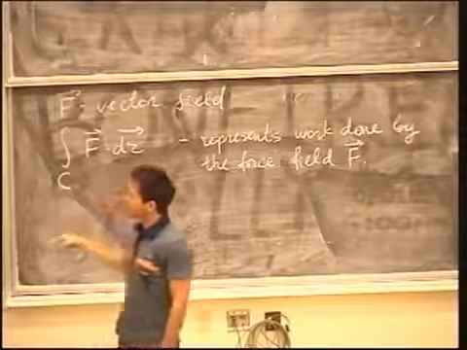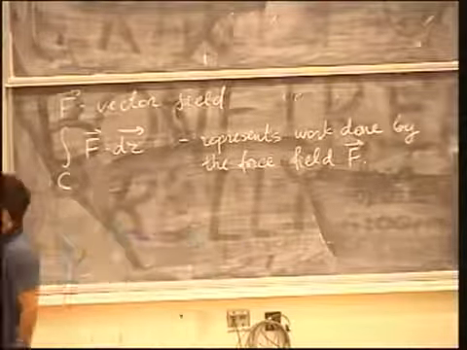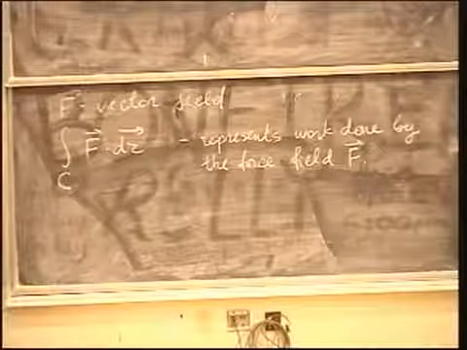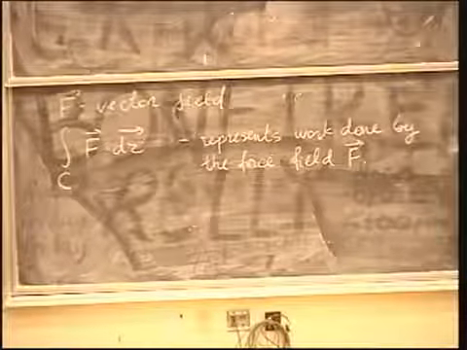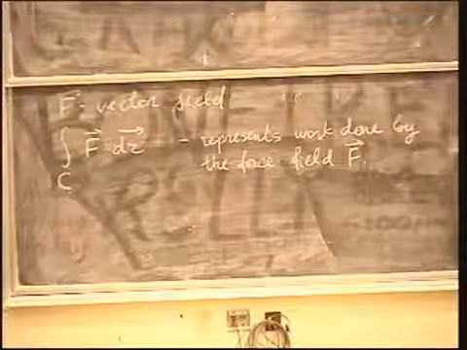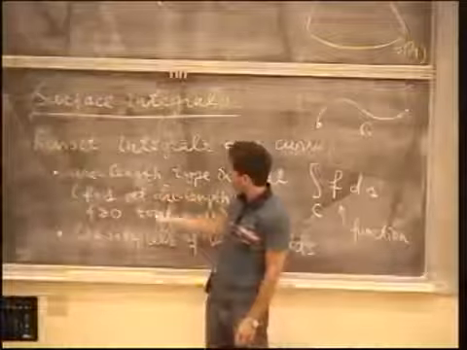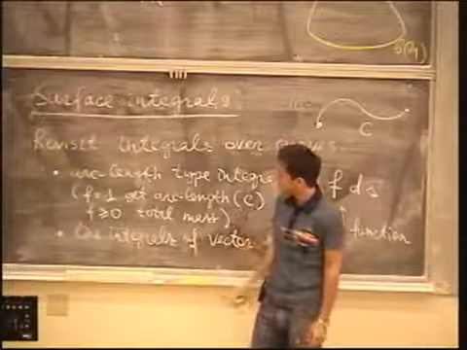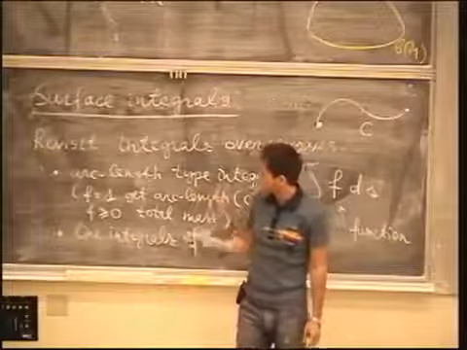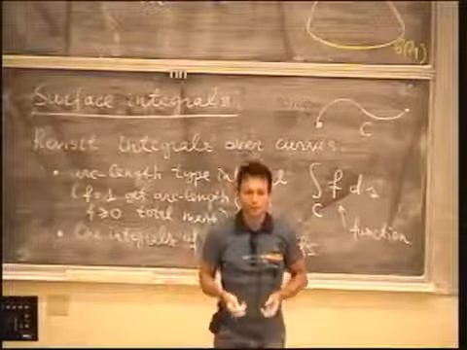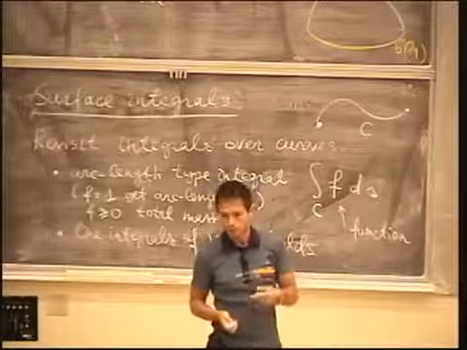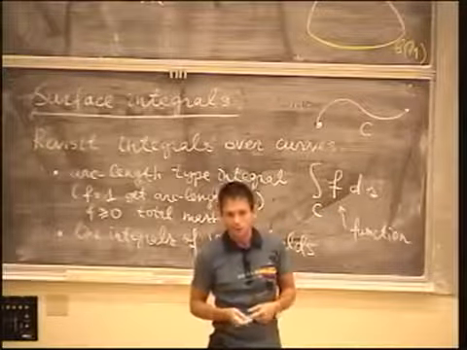The reason I am reminding you of all this is because surface integrals, which we're going to study today, can also be broken into these two big categories. One is the analog of the first type here, and the second one is the analog of the second type here. In other words, the first type of surface integrals will integrate functions, and the second type will integrate vector fields.